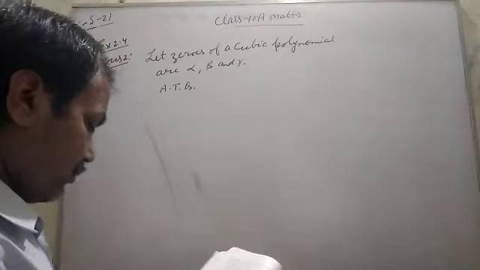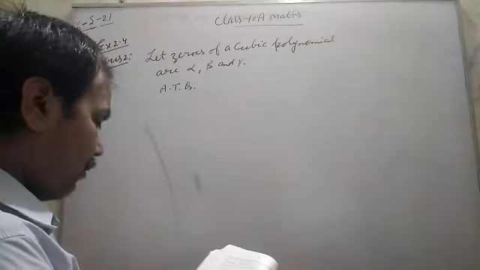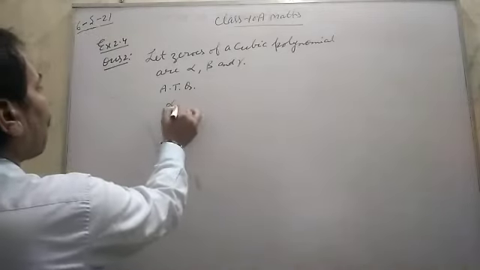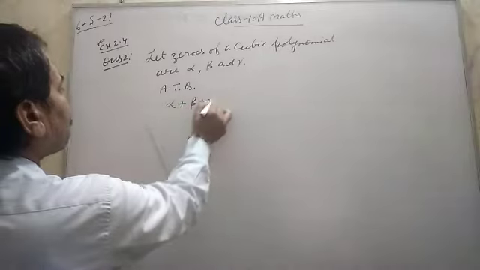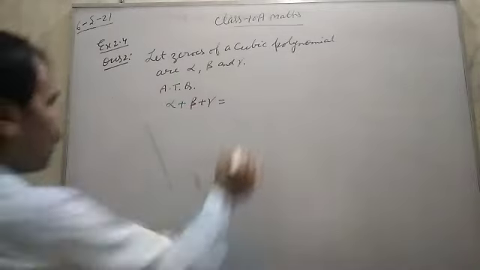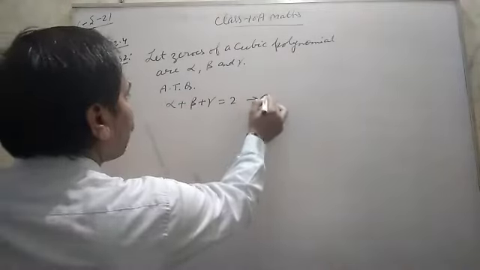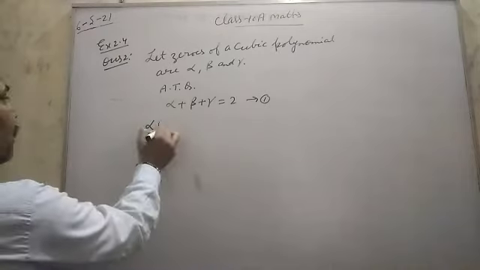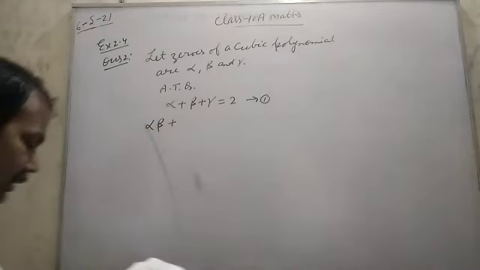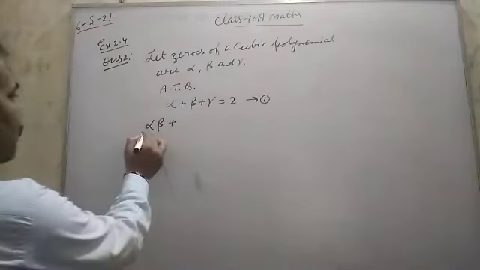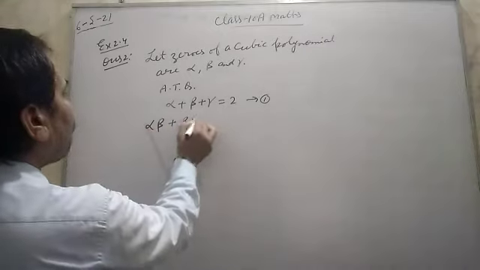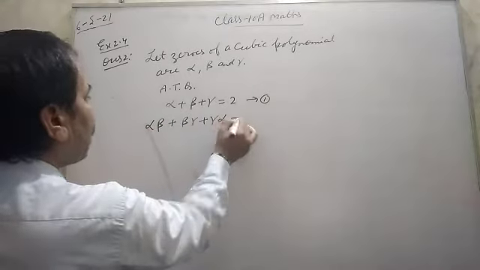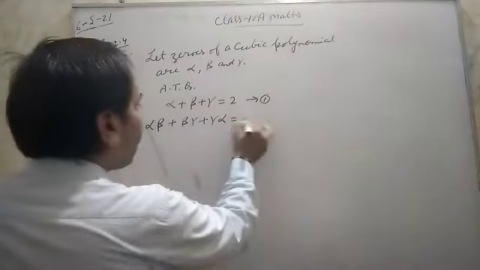The sum of the zeros, alpha plus beta plus gamma, is equal to 2. And the sum of its zeros taken two at a time, alpha beta plus beta gamma plus gamma alpha, is given as -7.